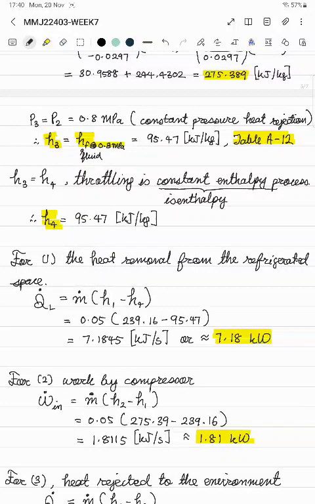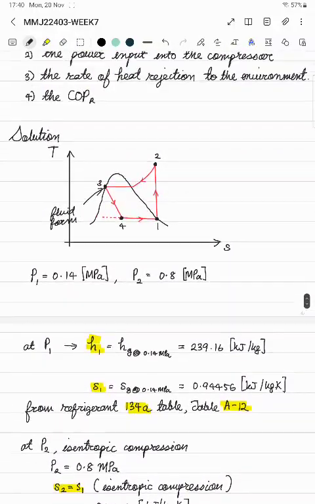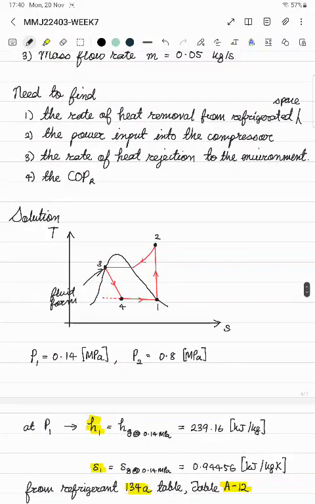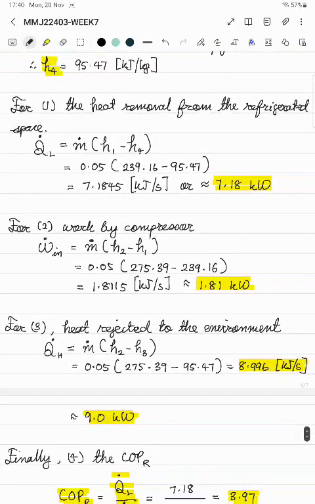So the first step is heat removal from the refrigerated space. The refrigerated space is a process from 4 to 1. So the enthalpy difference will be the difference between enthalpy 1 and enthalpy 4, plus you have a mass flow rate there. The value of our reading here for small h is kilojoule per kilogram. So that's why we need the kilogram values.